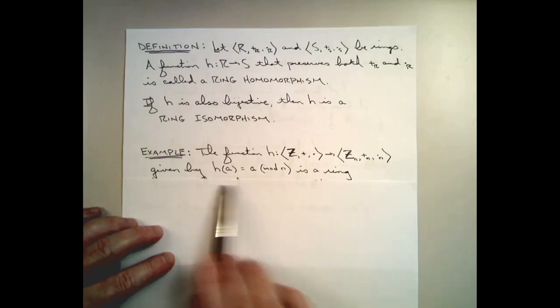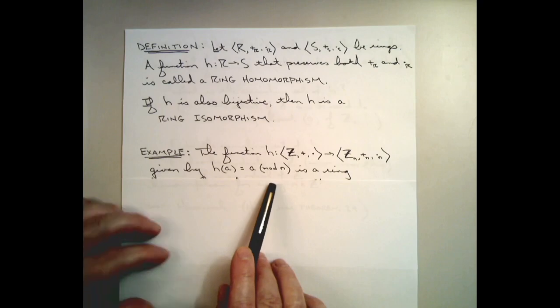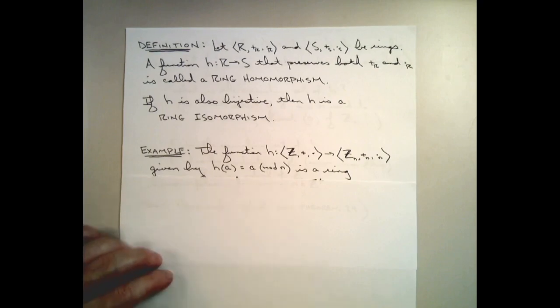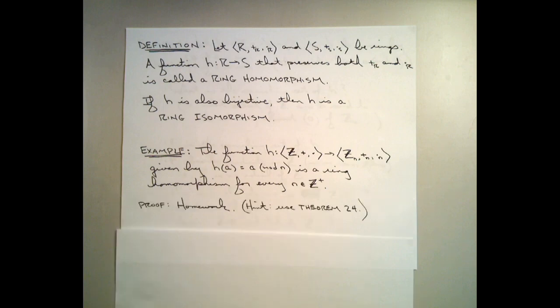You might recognize that whenever n is 2, this is exactly the function that we looked at before. We're just expressing it a little bit differently. And that turns out to be a ring homomorphism for every n. The proof of that is a homework exercise, and I recommend that you use Theorem 24 from our notes whenever you prove it.